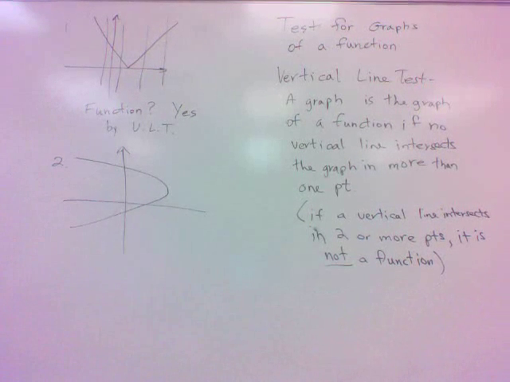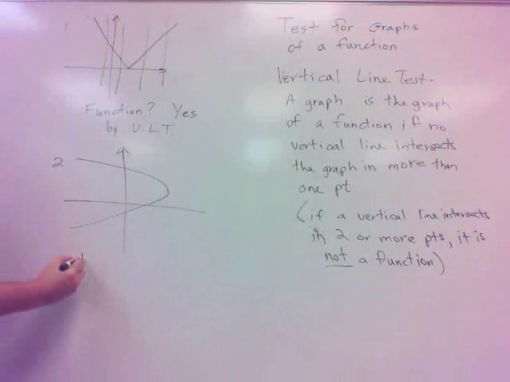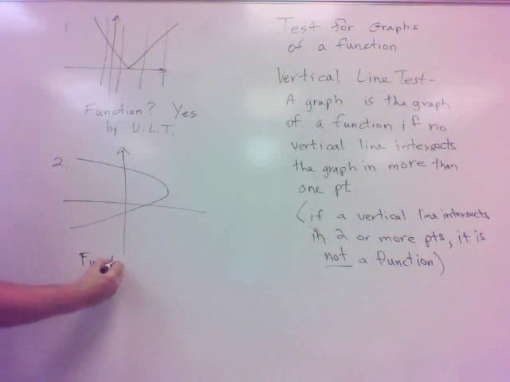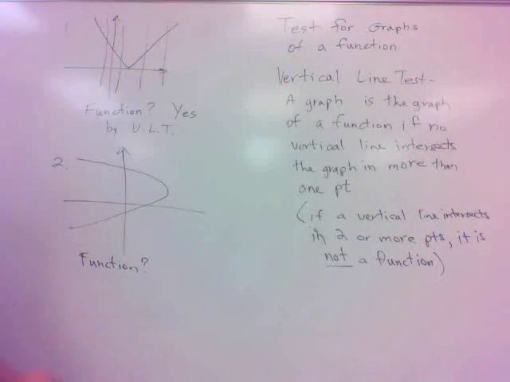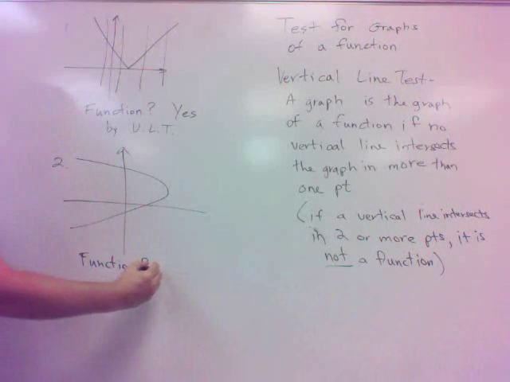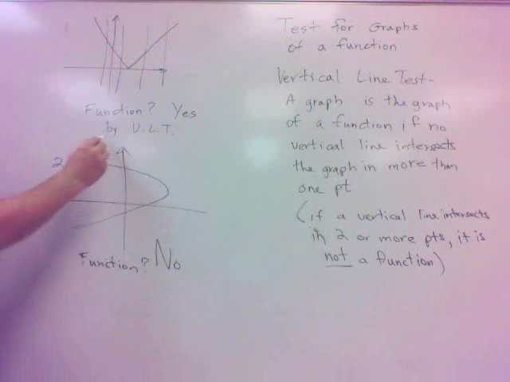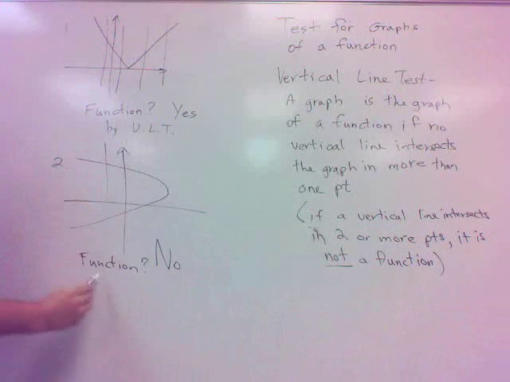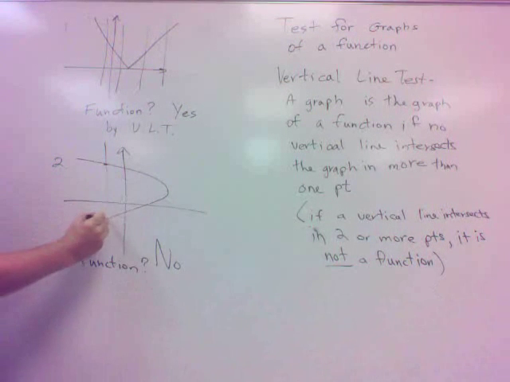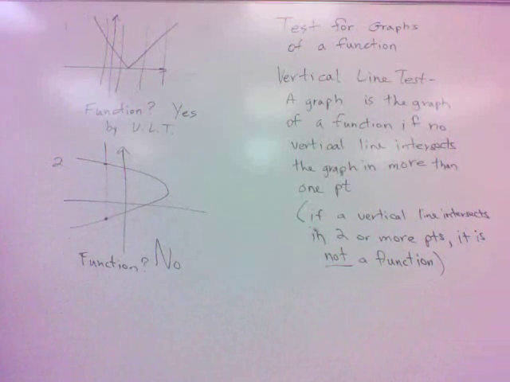It's kind of like the one we did earlier, but kind of sideways. Is that one a function? No, it wouldn't be, because if you draw a vertical line just about anywhere, there are two points of intersection on that one right there.